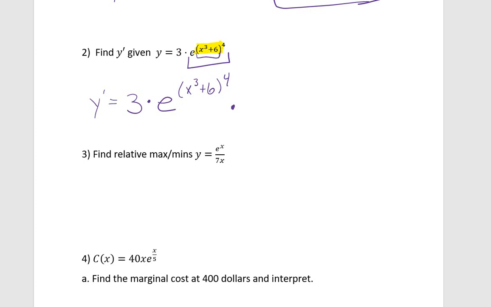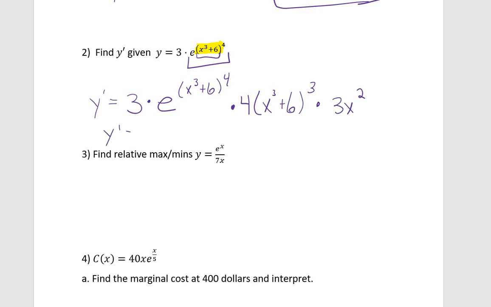We're going to have to use the chain rule, so we're going to pull that 4 down in front. Remember, the chain rule tells you to leave the inside alone, and then multiply by the derivative of the inside. That's going to be 3x squared.